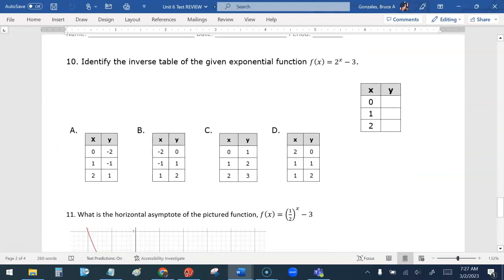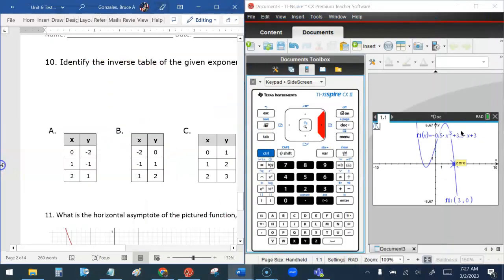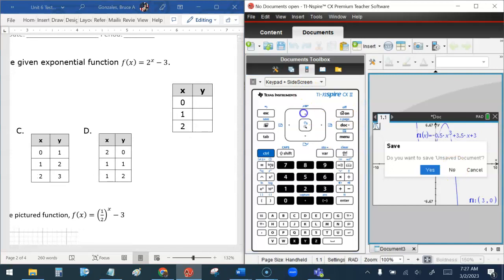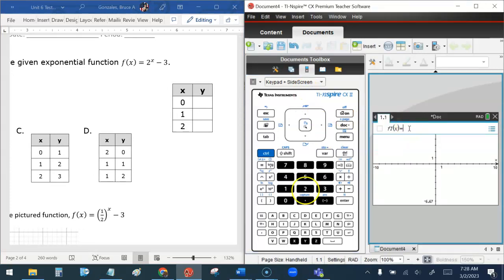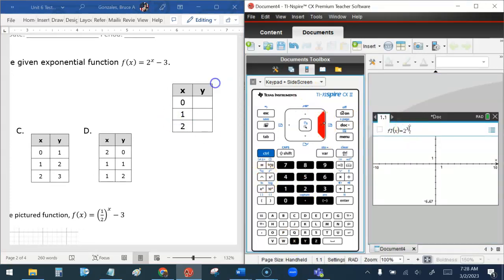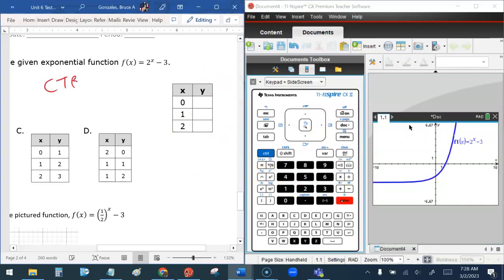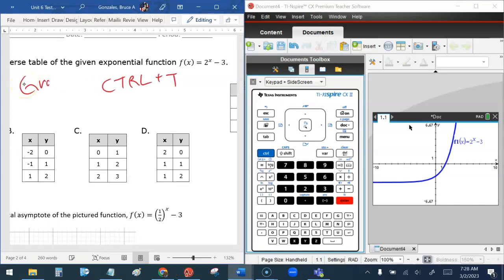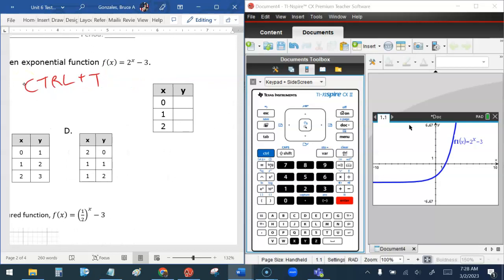All right. Let's get the inverse of this function, okay? Let's go to graph 2 to the power of x, go to the right, minus 3. You're going to press Control T. Okay, you graph it, and then you do Control T, and you fill out this table.